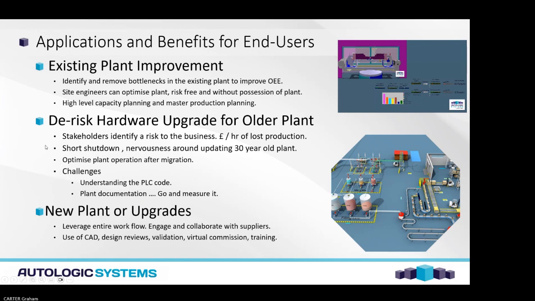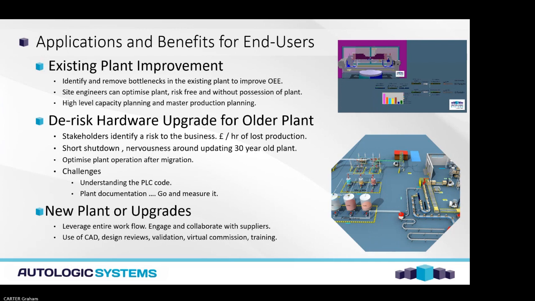De-risking hardware upgrades. Older plant, 20, 25, 30-year-old plant running on older hardware platforms. There's often nervousness about going through those upgrades, and often they don't happen for that reason. It's the desire to keep the plant running, and nervousness around not having the plant available after the upgrade. It's always a short shutdown window.